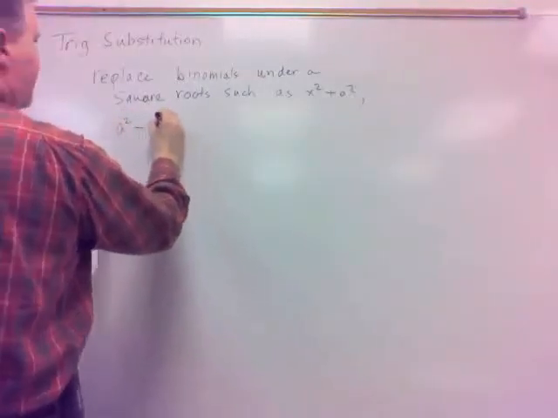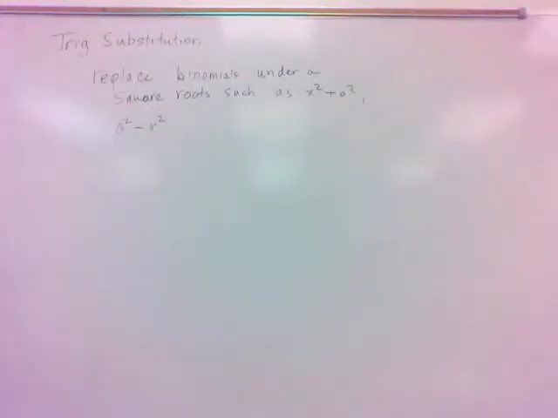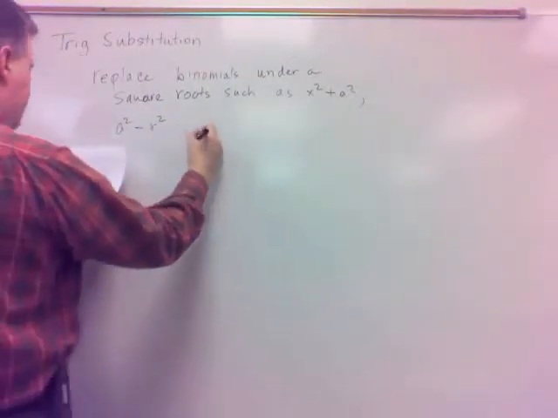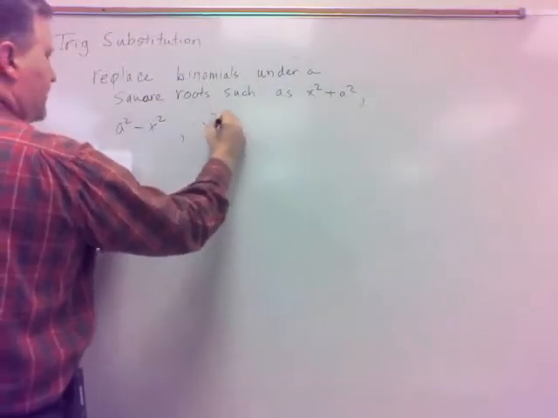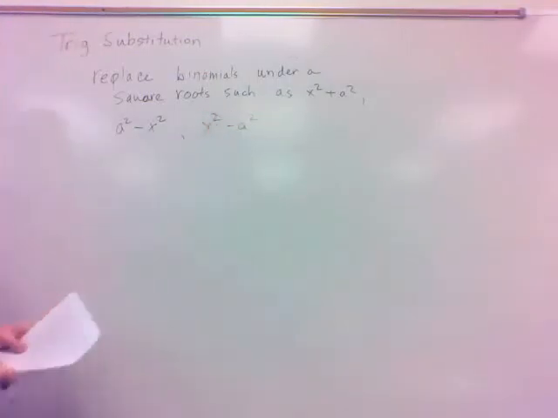The a here is just playing the role of a constant. It could be 2 squared or 3 squared. Or x squared minus a squared. We're going to replace those binomials, such as that, by ultimately a single squared term. That's our goal. And we're going to do that by trig substitution.